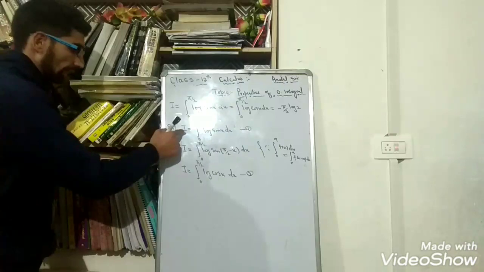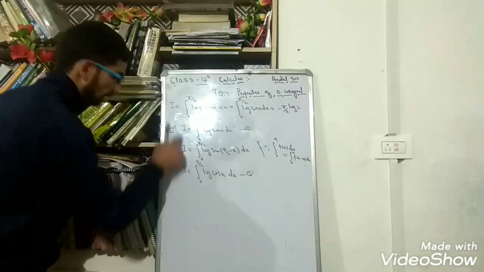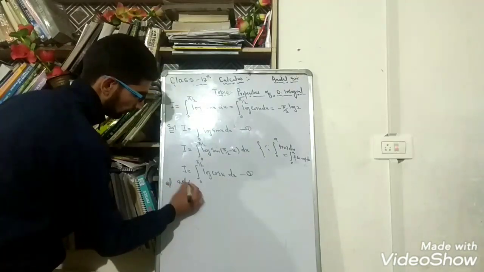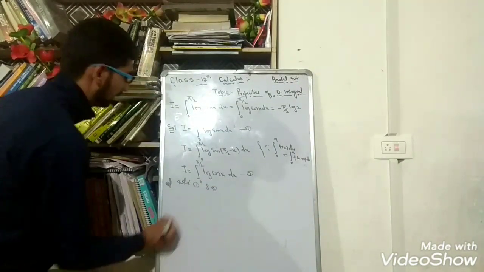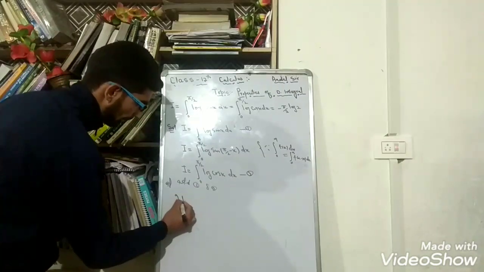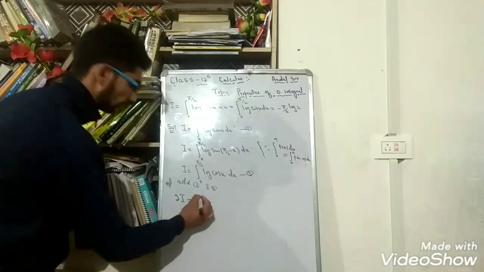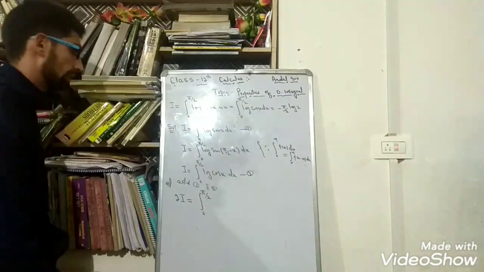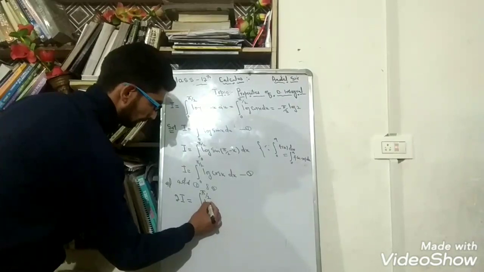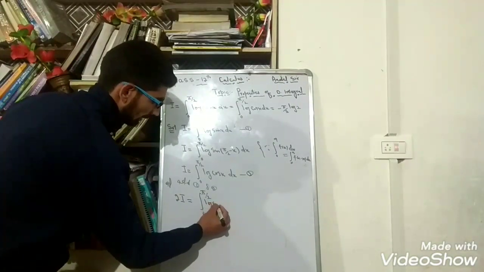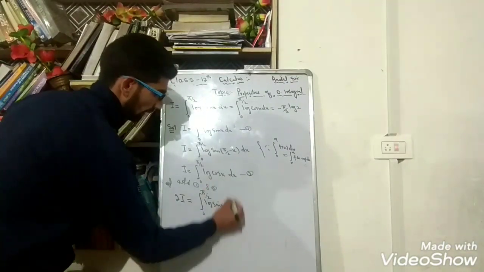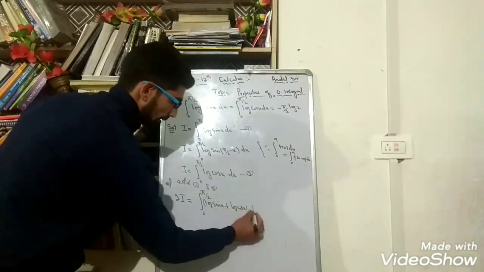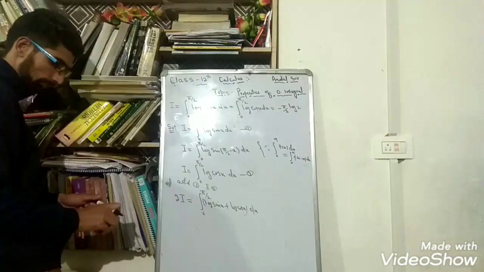Now this is your first equation, this is your second equation, and you add these two equations. When I add first and second, I will get I plus I, that is 2I, equals the integral from 0 to pi divided by 2 of log of sin x plus log of cos x dx. You will get this.